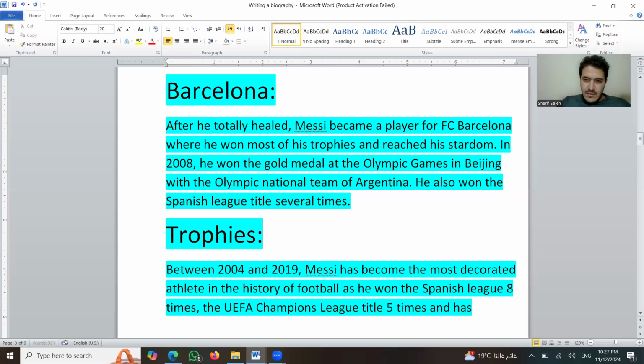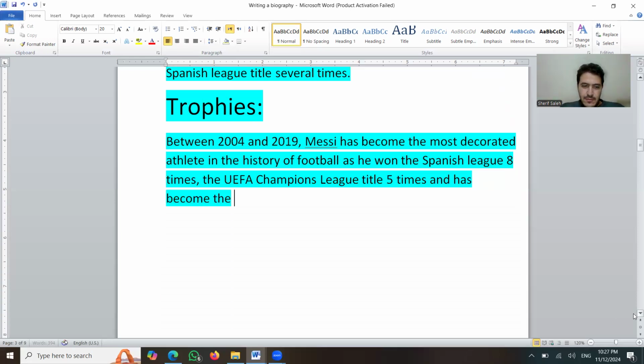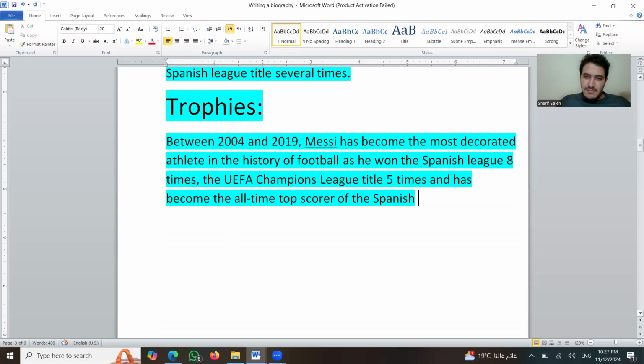and has become the all-time top scorer, I believe, of the Spanish league. I'm not really sure if this is true or not, but it's something that I would come up with, and it doesn't really matter if the information is 100% accurate. But yeah, this is how you write about the achievements.